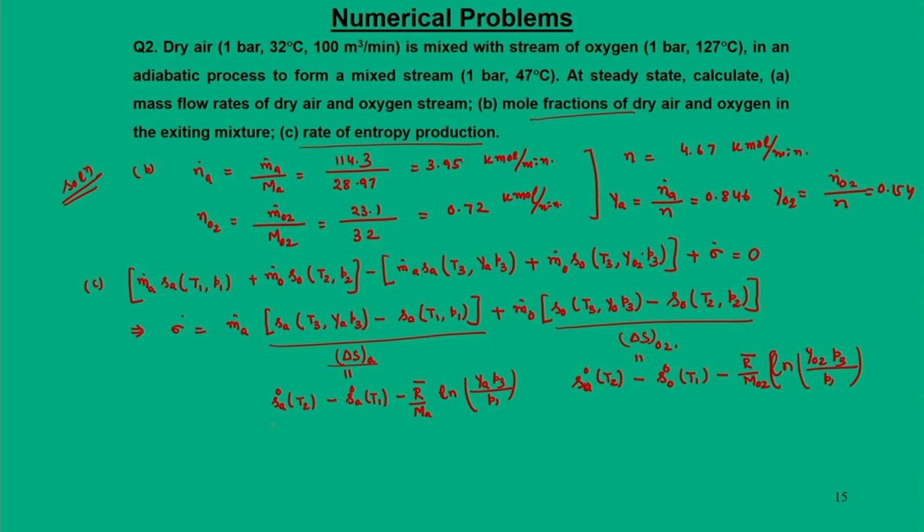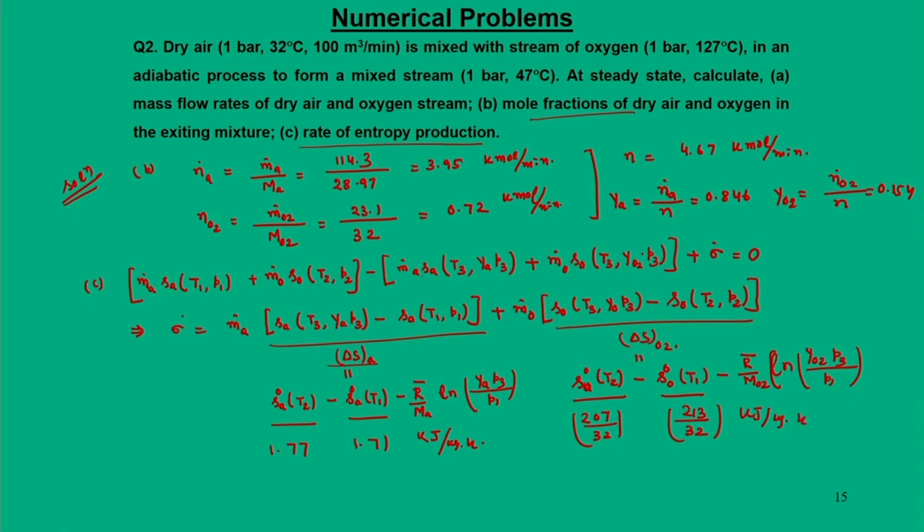This number is 1.77, this number is 1.71, these values are in kilojoule per kg Kelvin, this value is 207 by 32 and this value is 213 by 32 kilojoule per kg Kelvin.